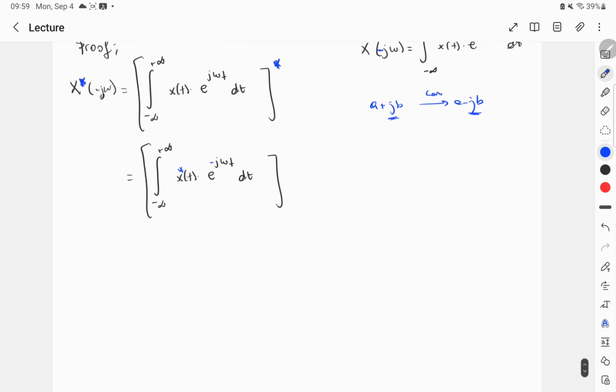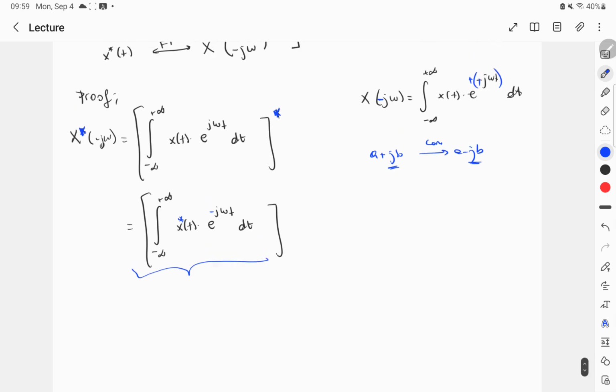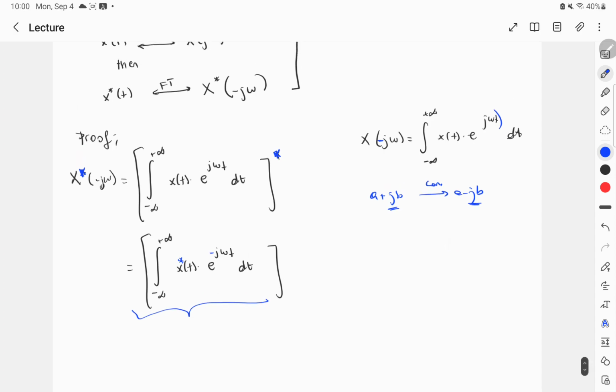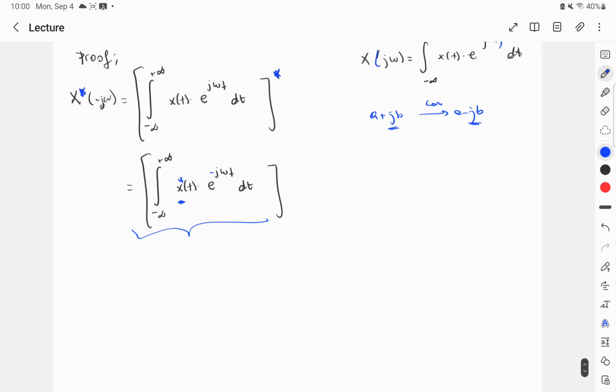As a result, what we observe is that this was actually the same as our original formula, without the minus, and the only difference is that the function is the conjugate.